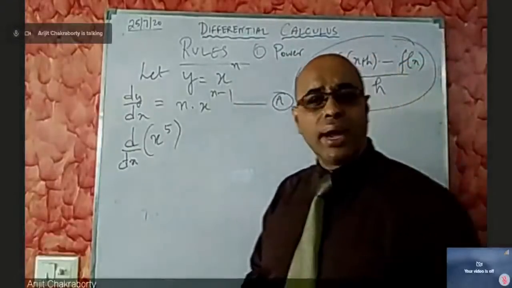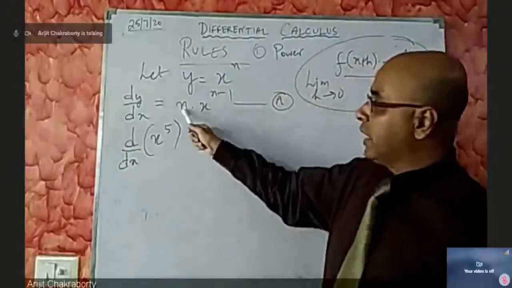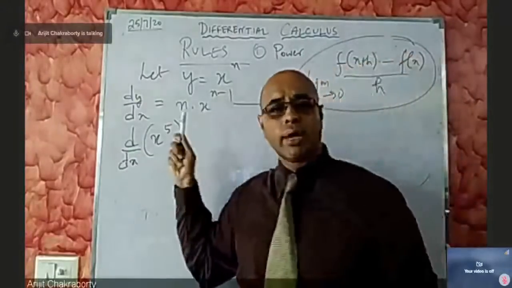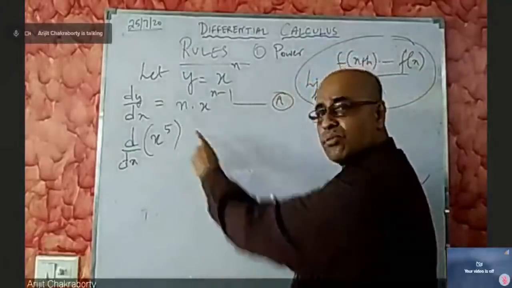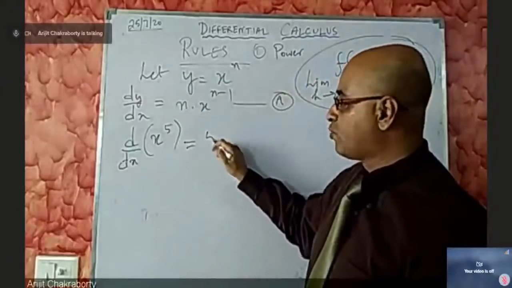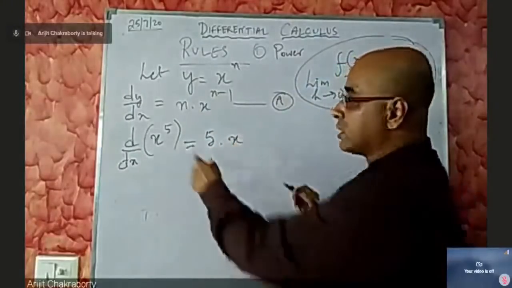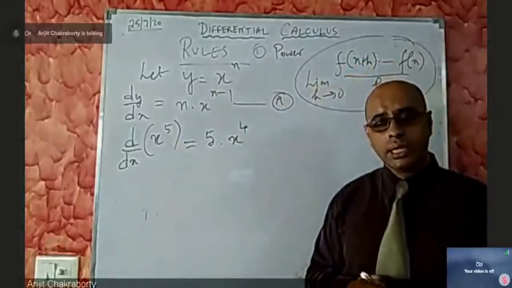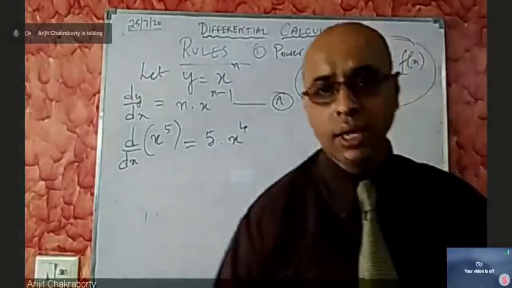If you find the derivative, it will become n x to the power n minus 1. So x to the power 5 will become 5 into x to the power 5 minus 1, that is 4. So this is the first formula which we note.